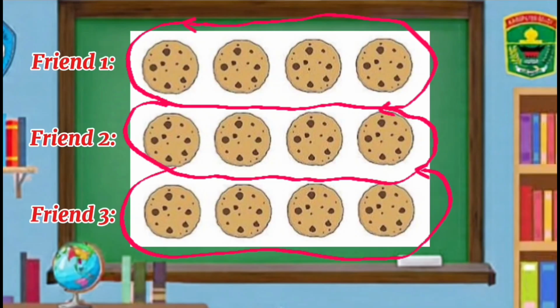So it is an even number. Are the cookies divided equally among your friends? Very good. It is divided equally among your friends because each friend has 4 cookies.